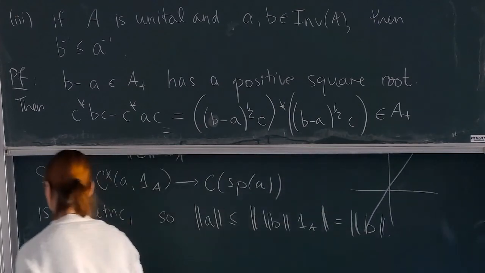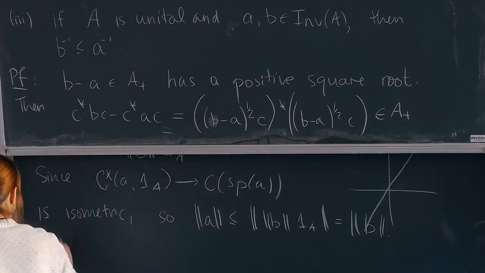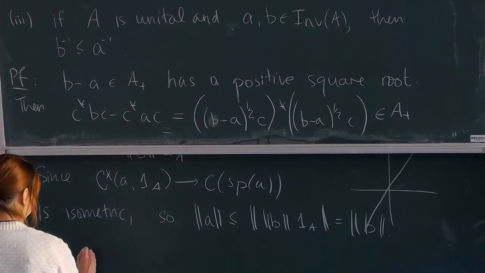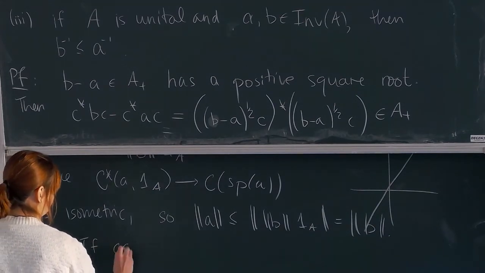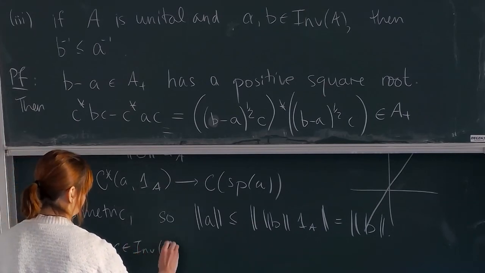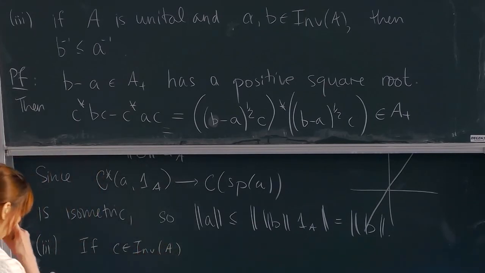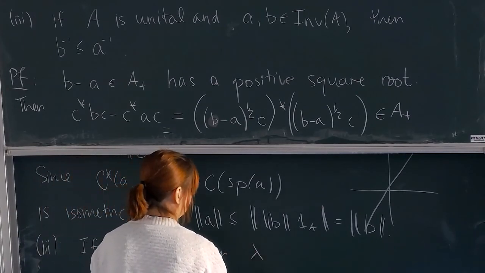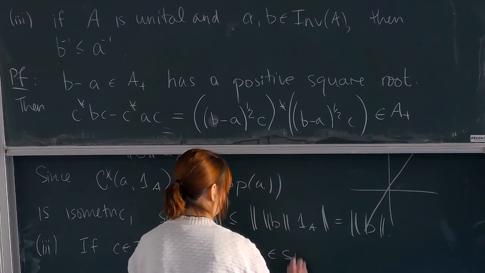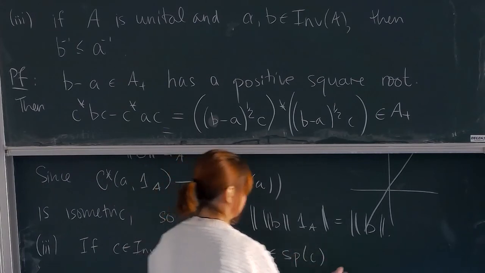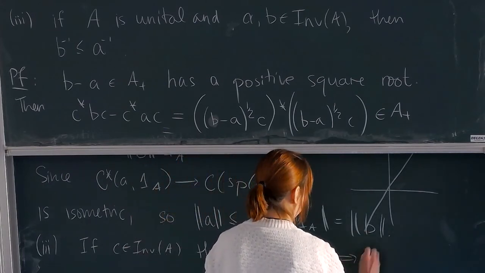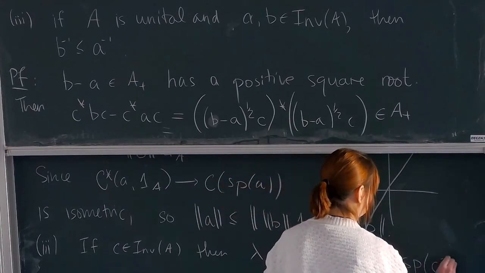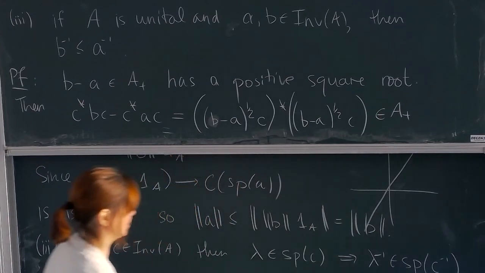All right, so we want to show that B inverse is less than A inverse. So first, note that if C happens to be invertible, then if lambda is in the spectrum of C, we must have that lambda inverse is in the spectrum of C inverse.